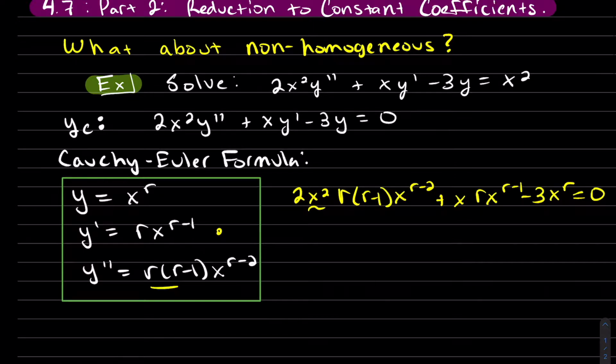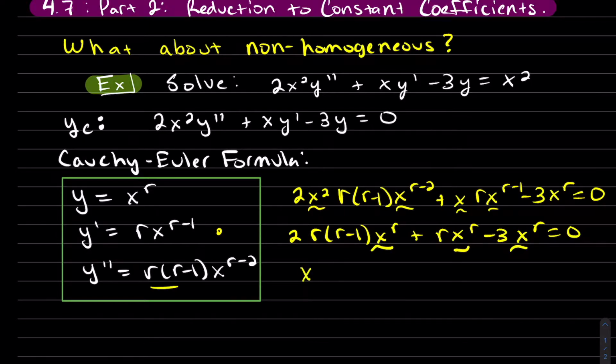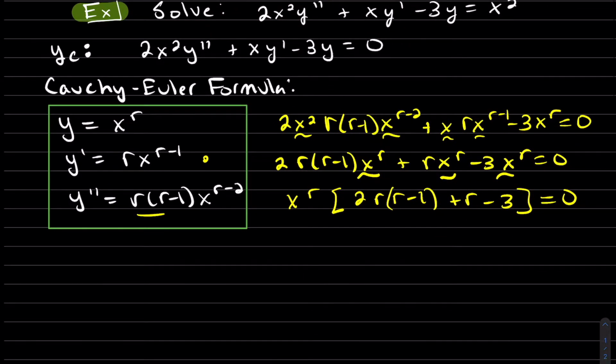Okay, so let's combine these. And this cannot be 0 because x is greater than 0. So we solve.